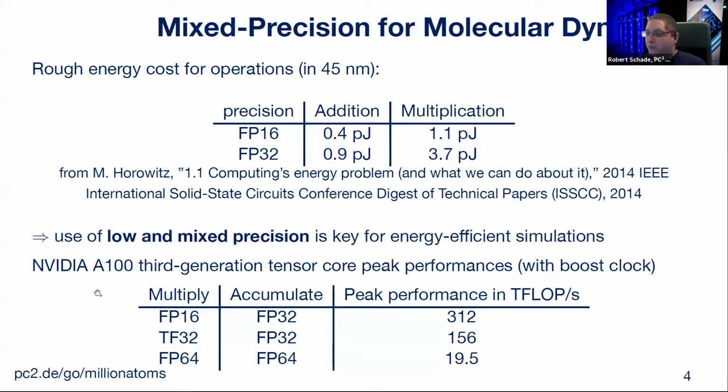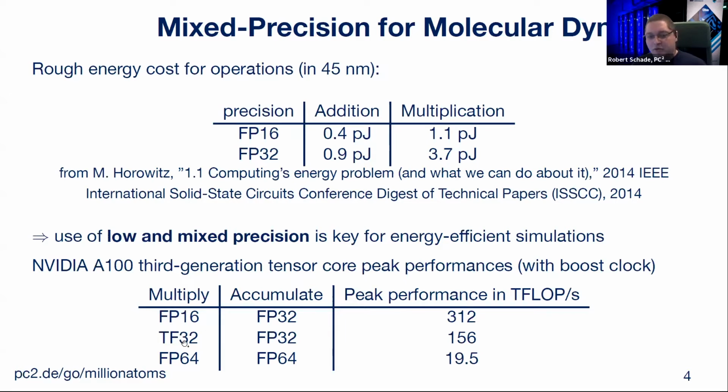Secondly, if you look at recent hardware advances, for example, here the NVIDIA A100 GPU, I've listed the peak performance in teraflops for different matrix operations on the tensor cores. So here FP16 multiplies with underlying FP32 accumulate gives you a gigantic 312 teraflops peak performance. Realistically, you would get like 280 for sufficiently large matrices, but that's really a lot for such a GPU.